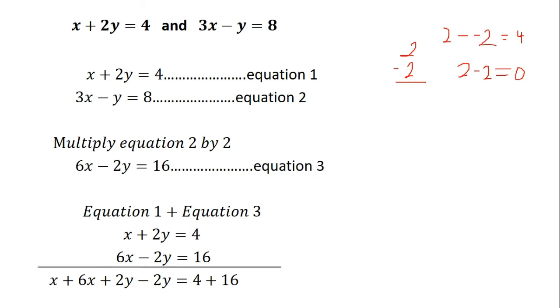So I'm going to have 2y plus minus 2y. We know from algebra that 2y plus minus 2y is the same as 2y minus 2y. And 2y minus 2y is going to give us 0. So it means that this one is going to cancel out.